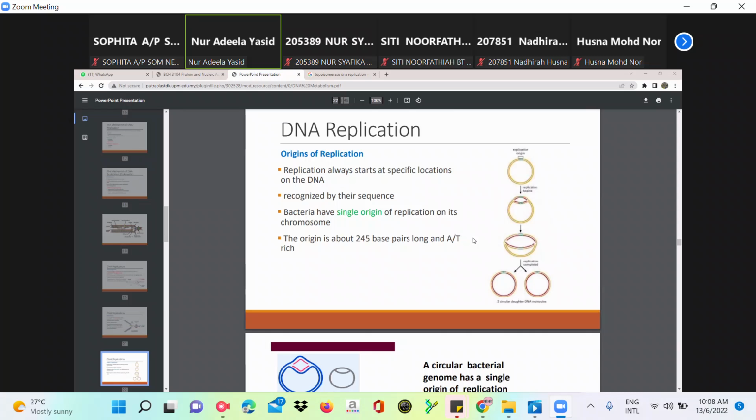What does it mean by AT rich? In those 245 base pairs of nucleotides, more than 50% are adenine and thymine. So that's why it is called AT rich.